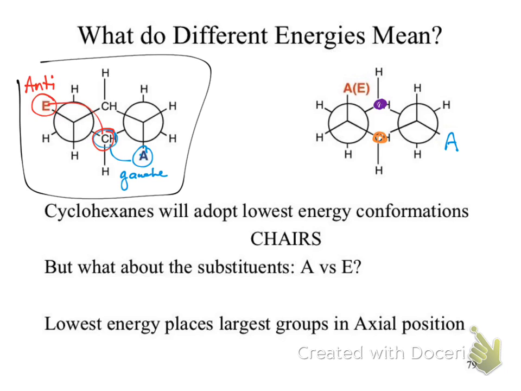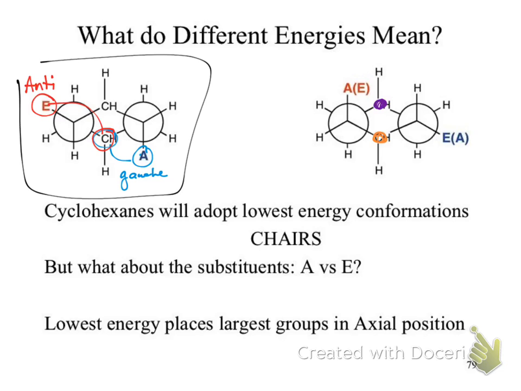What happened to the other one? It became equatorial. So every time you do a chair flip, positions that were axial become equatorial. Positions that are equatorial become axial.